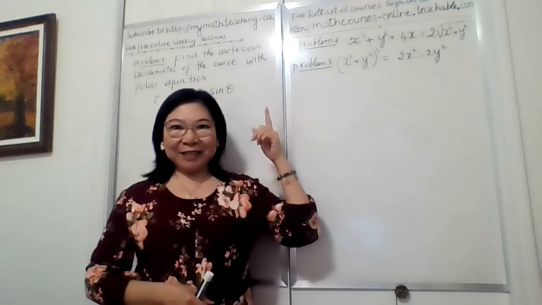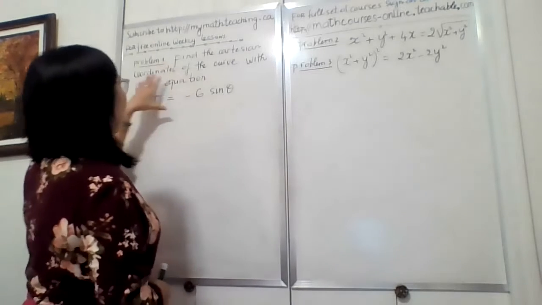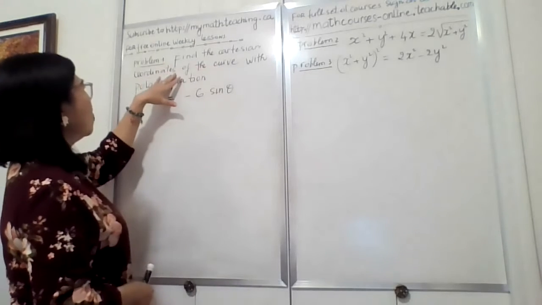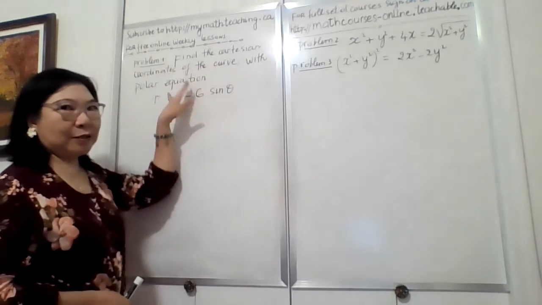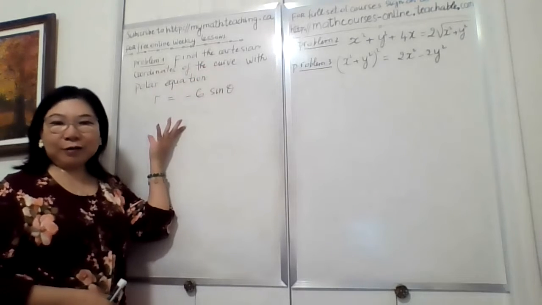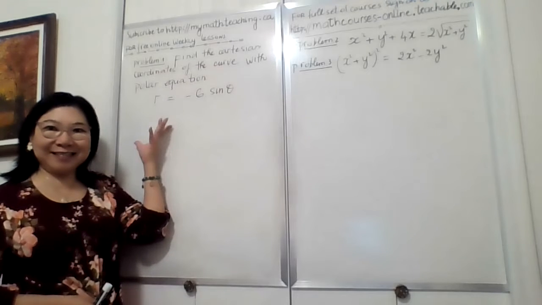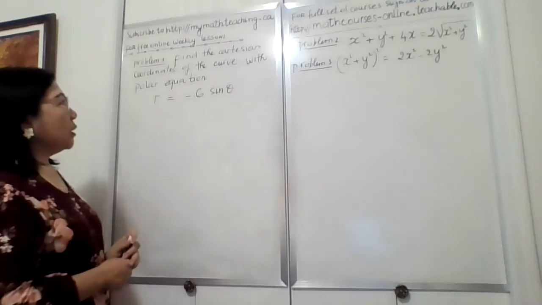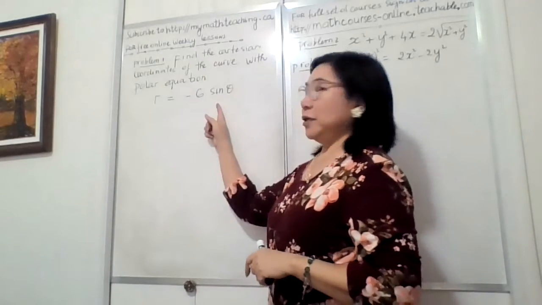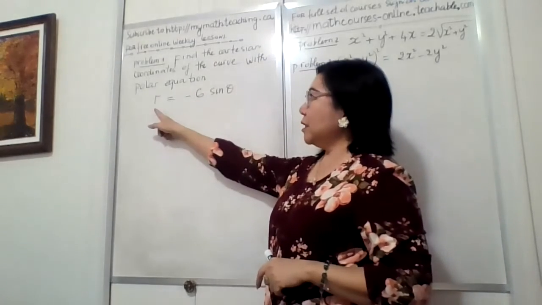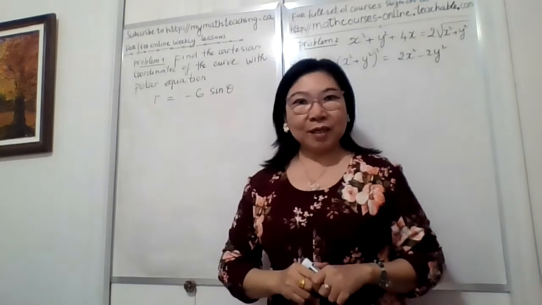So let's take a look at the question I wrote on the board. Find the Cartesian equation of the curve with the polar equation. So given the polar equation, we find the Cartesian equation in this question. So how are we going to do that? Now, obviously, this is a polar equation, right? Because we have a radius here, r equals -6 sine theta.